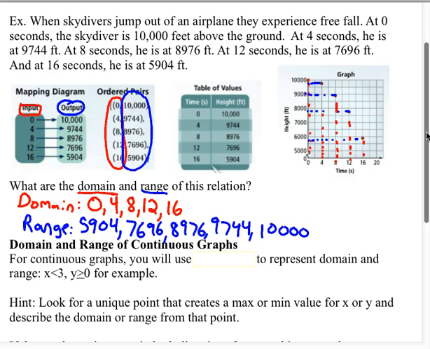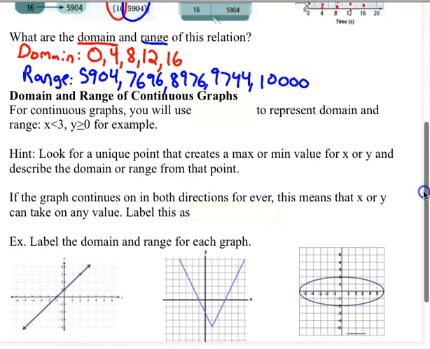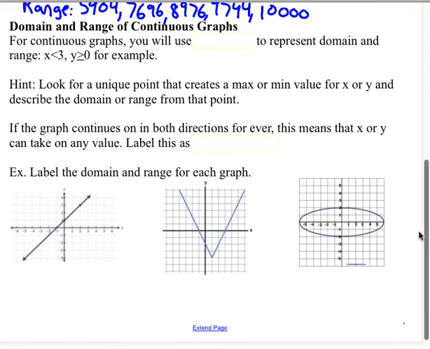Now let's take a look. So now that we have an idea how to do it with discrete values, just listing those particular values, let's talk about what about continuous graphs, okay? Because this is what we deal with more often, okay? Continuous graphs, whether it be a line, a parabola, hyperbola, all of those things.